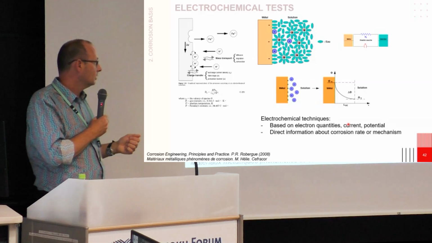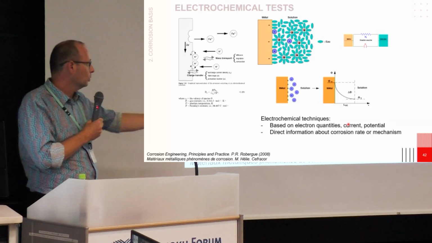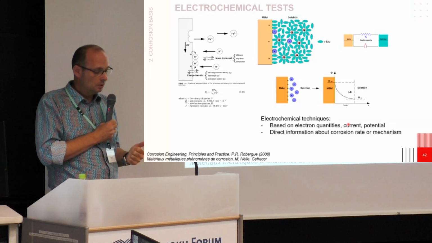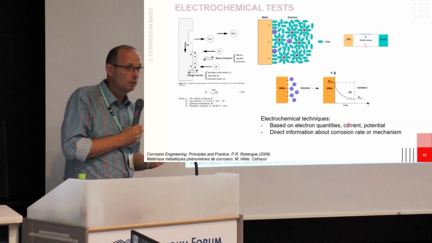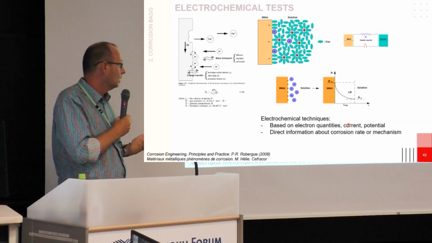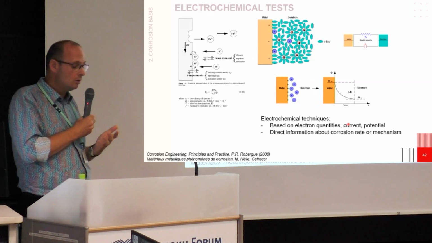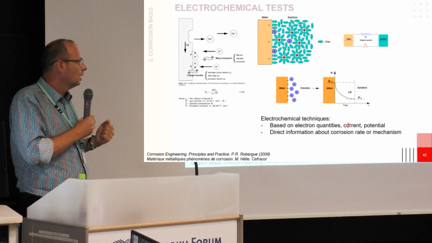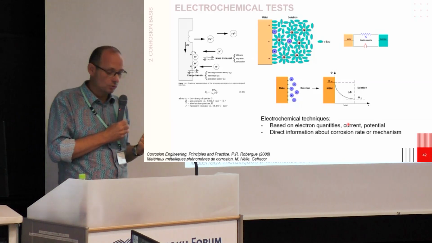So for an electrochemical test, you need what? You need to quantify the electrons. You will be able to have an idea about currents and about potential. When you have all this information, you will be able to have your corrosion rate.